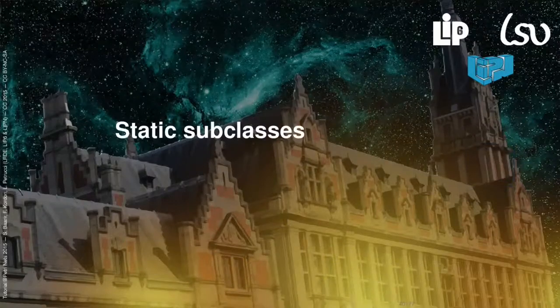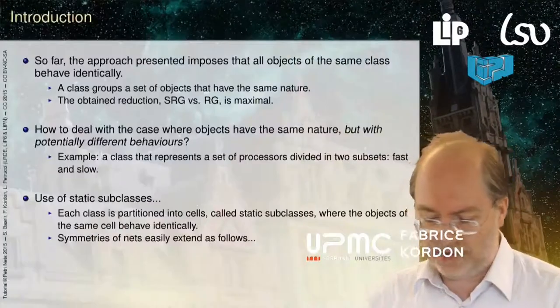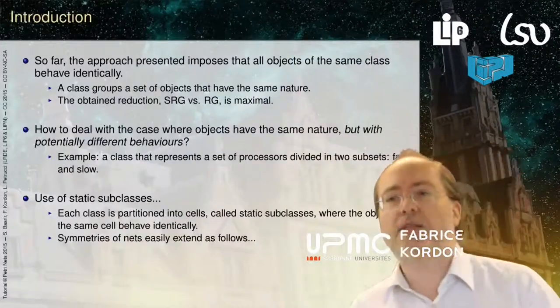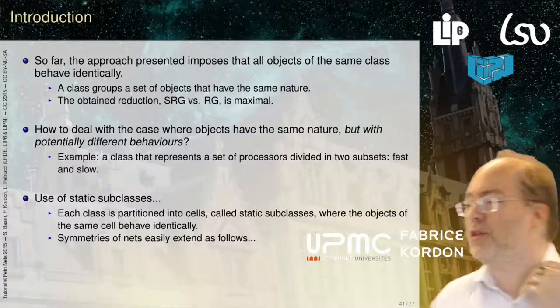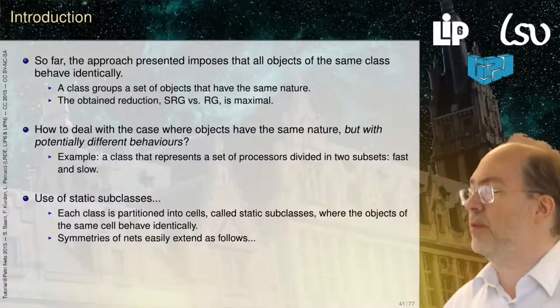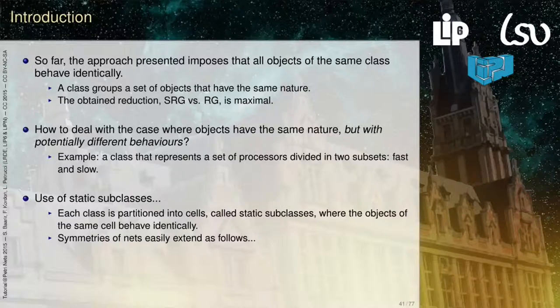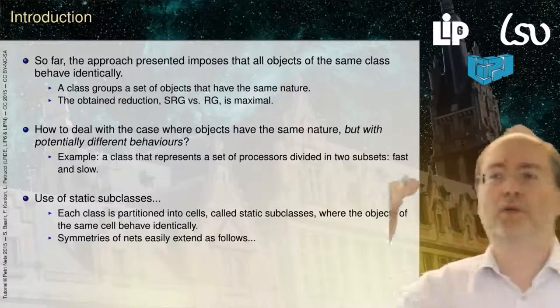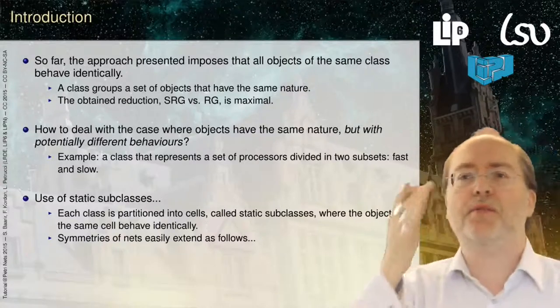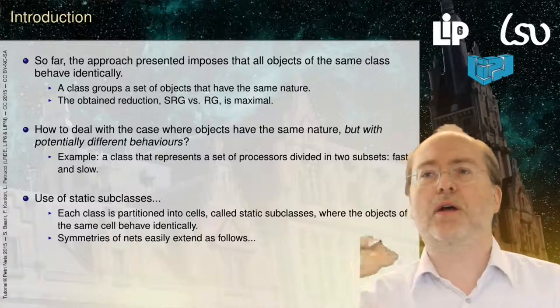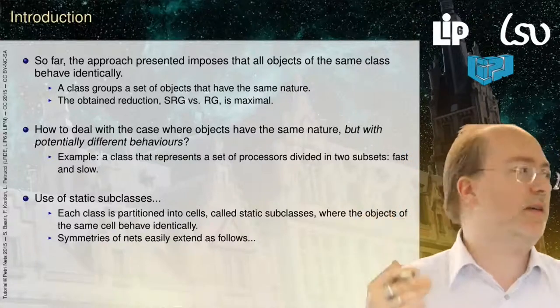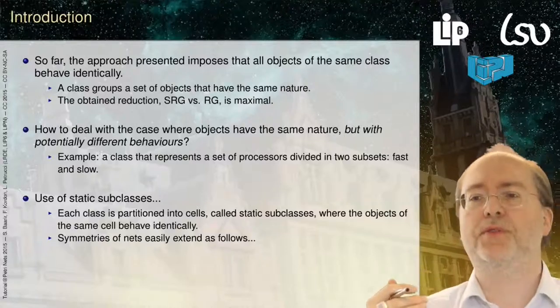So let's have a look at static subclasses. As Laure told you, the main idea of static subclasses is that within a given type, there are some values that will lead the system to have different behaviors.